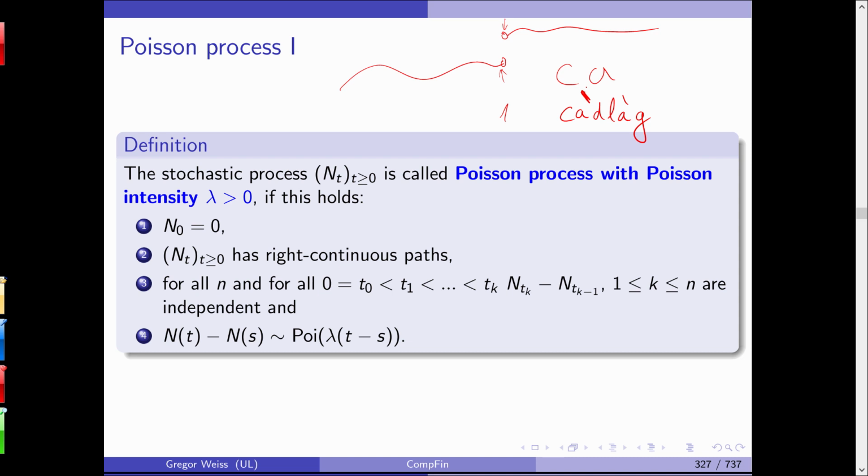In many cases you are using processes that have the Cadlag property. Needless to say, if you have jumps, you are looking at a function that will never be continuous in all points, but at least it should have this property that it is right continuous, rechtsstetig.